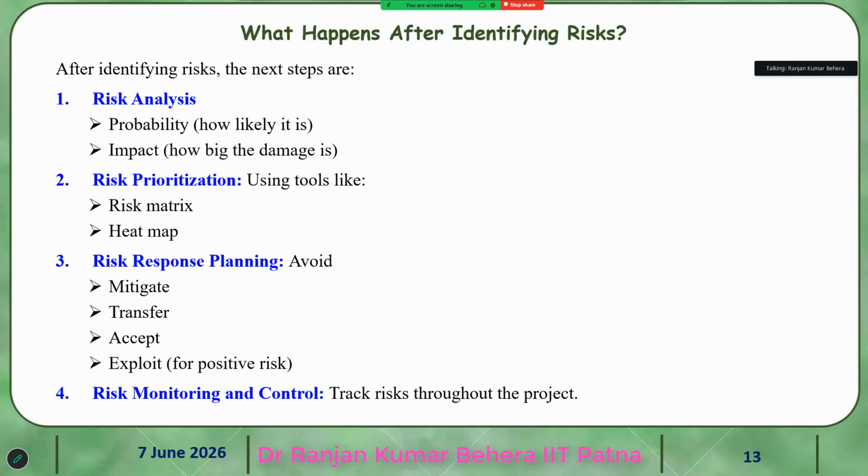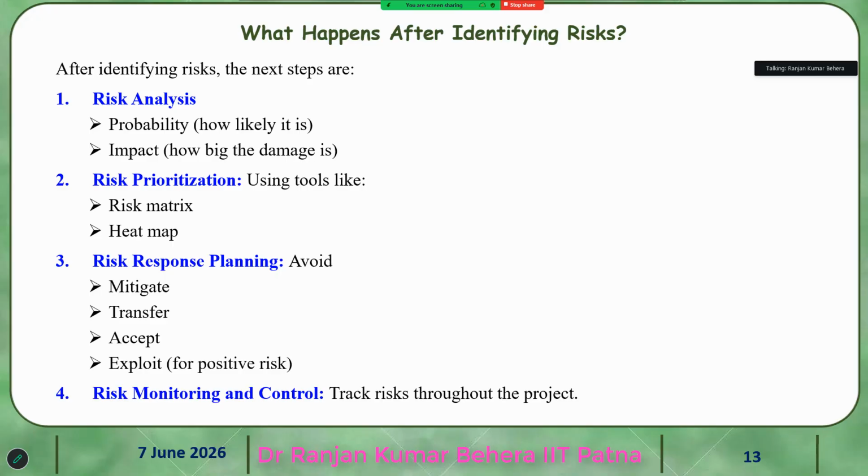Impact is how big the damage is, what it will affect, and how it will affect that. And then risk prioritization. That means you have a risk matrix, and that risk matrix will tell you which one to prioritize, which one we are going to address.